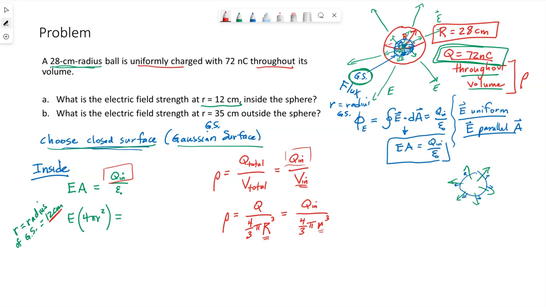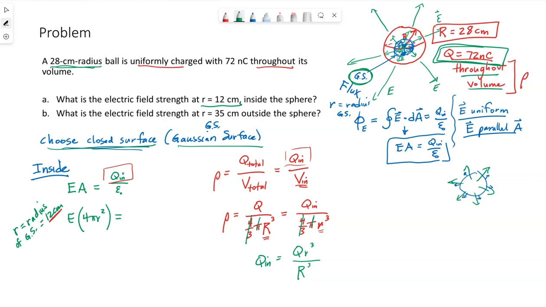If I leave this in terms of these ratios, I can go ahead and cancel out the 4/3 pi. If I solve for Qn, that's going to bring r cubed up to the top, and capital R cubed will still be in the denominator.